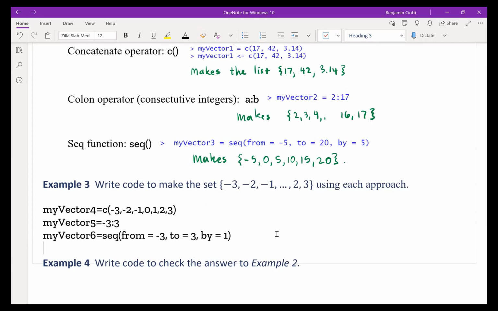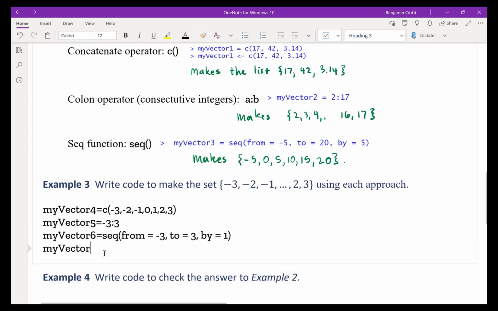And as a fourth way, how about this? What about my vector 7 equals the sequence from -2 to 4, and then subtract 1.